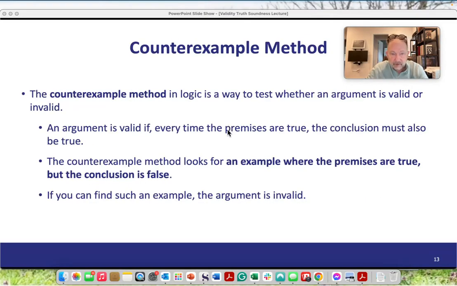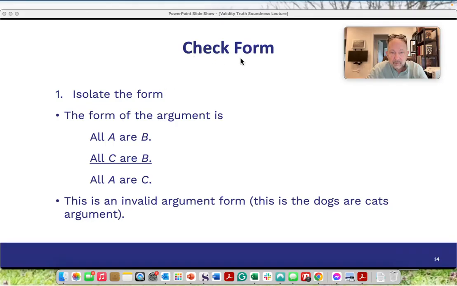So here's, let's see, we covered that one, right? Also check the form. Like I said before, isolate the form: all A are B, all C are B, all A are C. This is invalid. This is the old "all cats are dogs" argument: all dogs are mammals, all cats are mammals, therefore all dogs are cats.